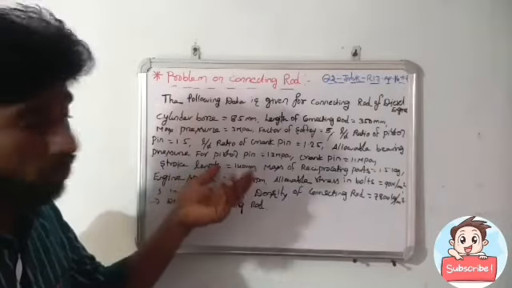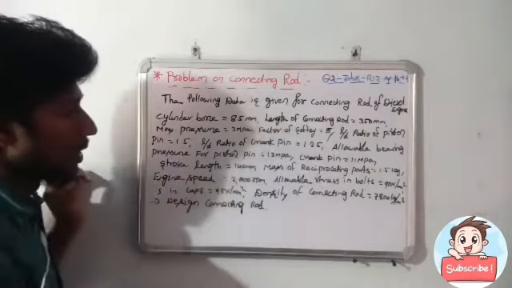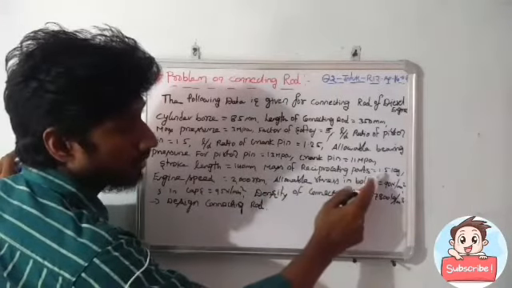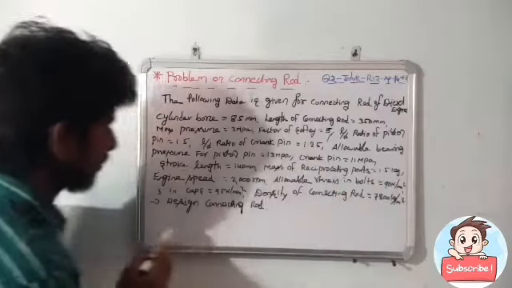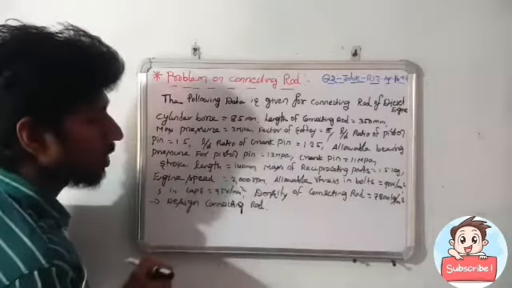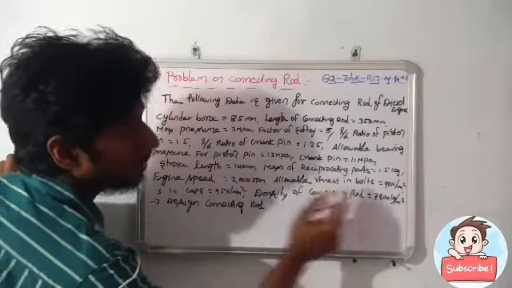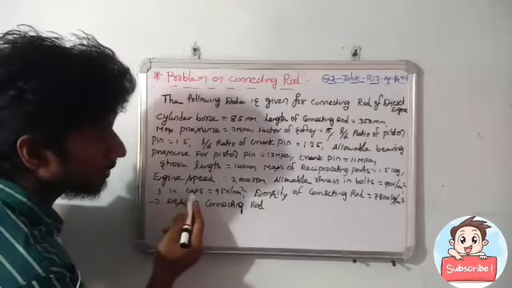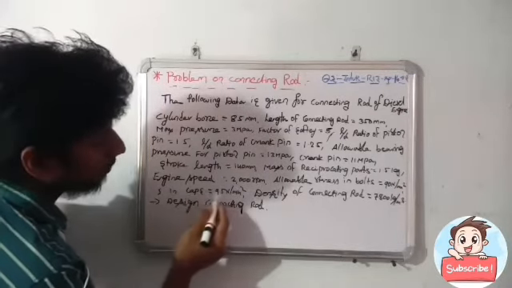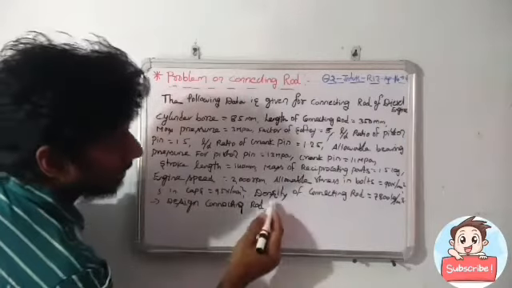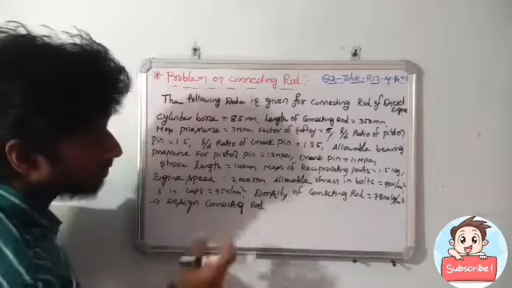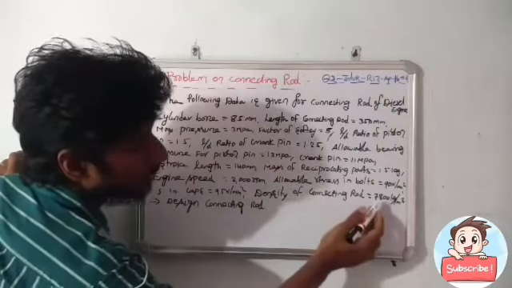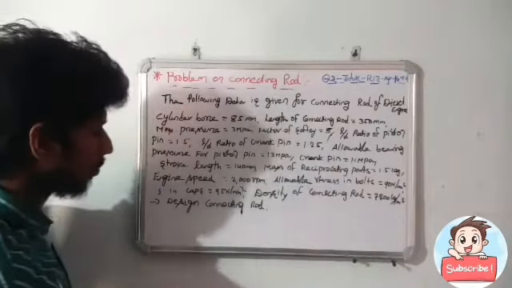Stroke length is 140 mm, mass of the reciprocating parts is 1.5 kg, and speed of the engine is 2000 rpm. Allowable stress in bolts is 90 Newton per mm square, and allowable tensile stress in cap is 95 Newton per mm square. Finally, the density of the connecting rod, based on the material, is 7800 kg per meter cube.